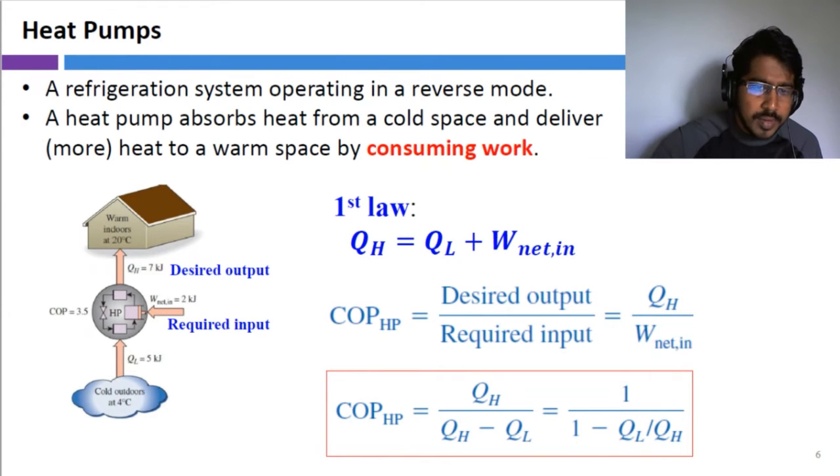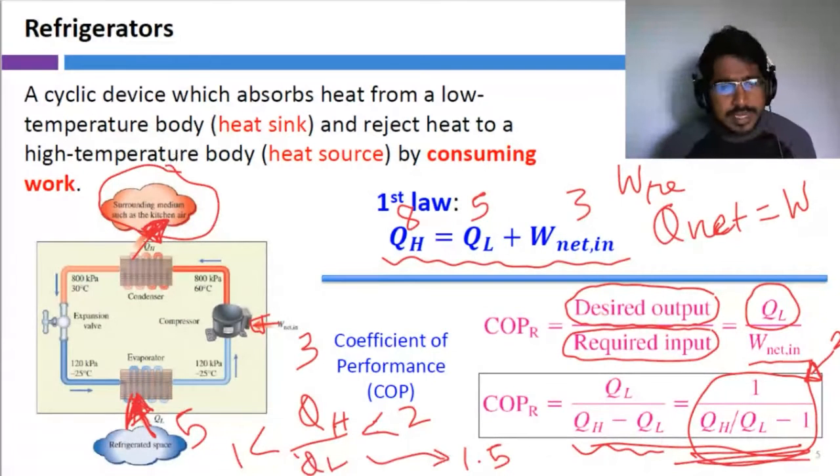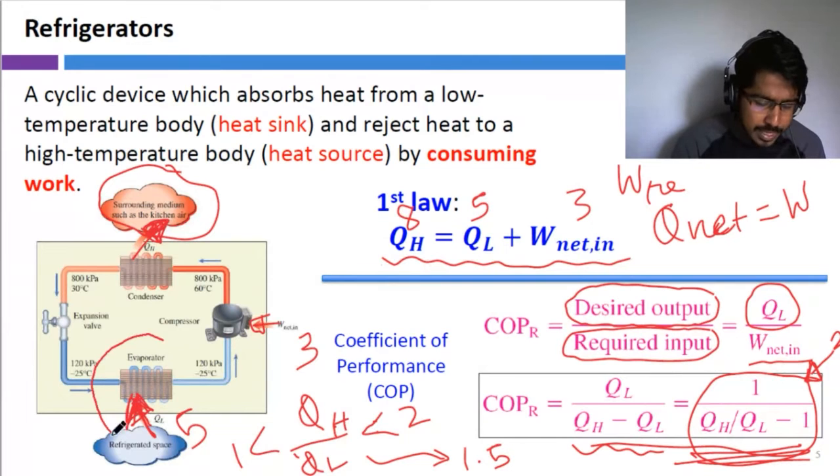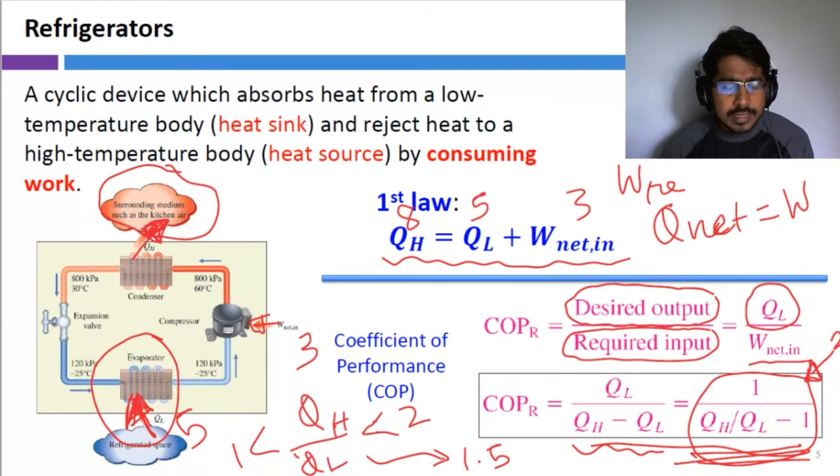If we go back to the previous slide, if we place our house as the space that needs heating, and we place our evaporator outside the house, then it would be absorbing heat from the outside and ejecting it into our house, right?